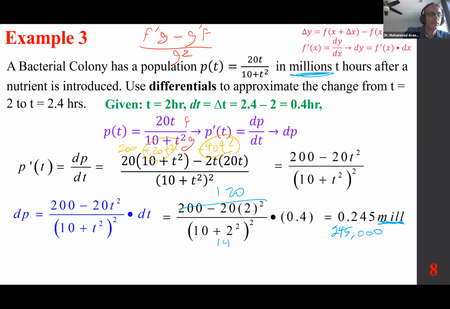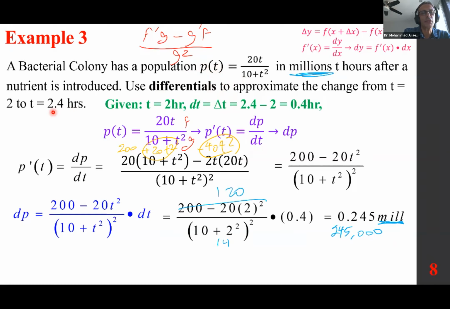Now, if we wanted to come up with the exact answer, instead of dp, we are looking for delta p. So what is the change in p? Well, plug in f of x plus delta x, plug in p of t plus delta t.